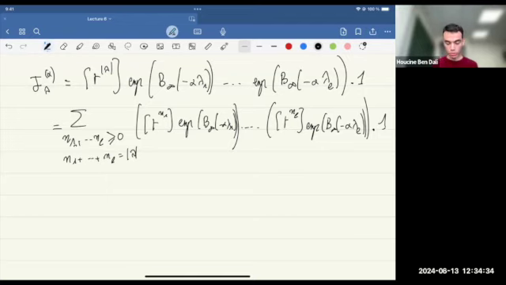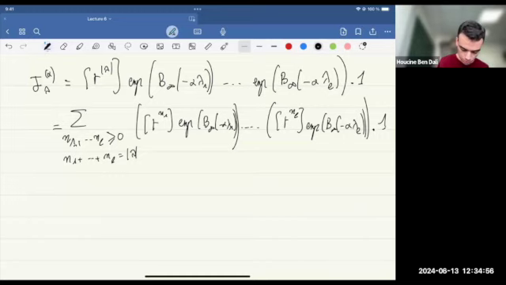So what we want to prove now is that the only tuple of n_i's which contributes to this sum is the tuple for which n_i is equal to lambda_i for each i. And for this, it's the same argument that we used in, I think, the fourth lecture to prove this vanishing condition.